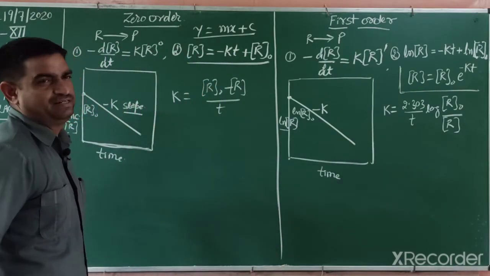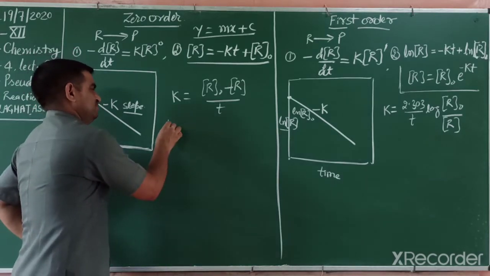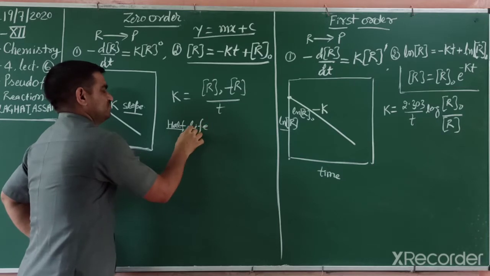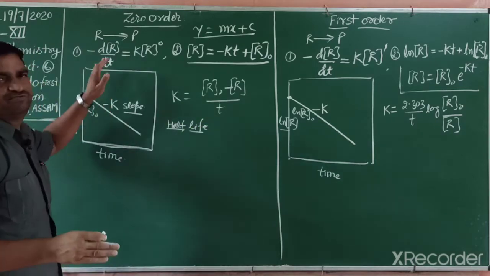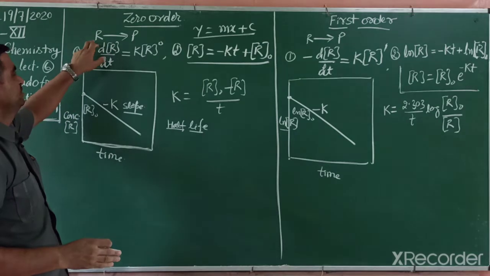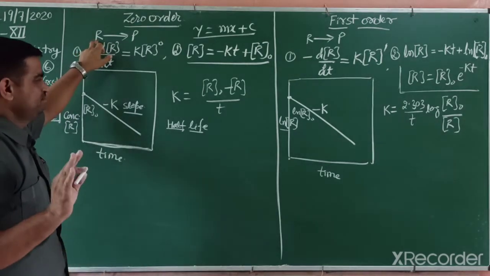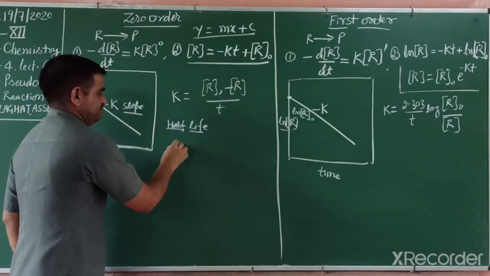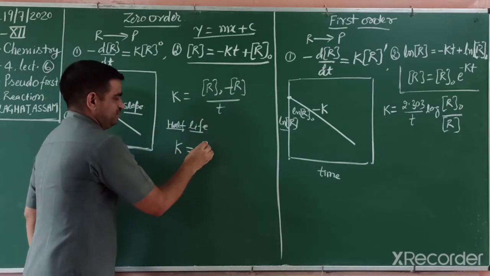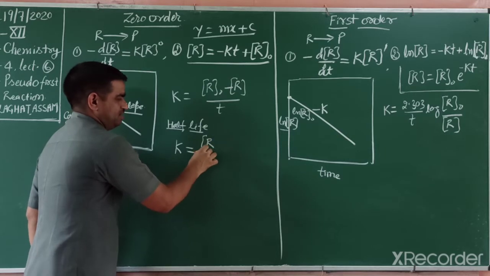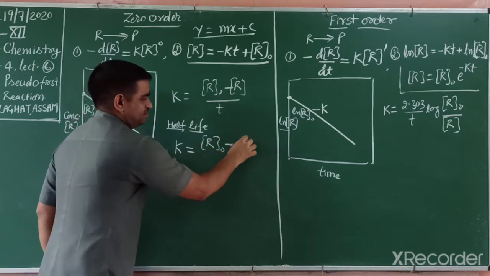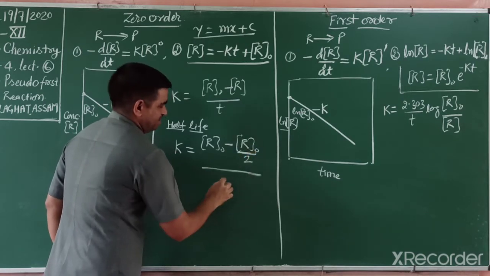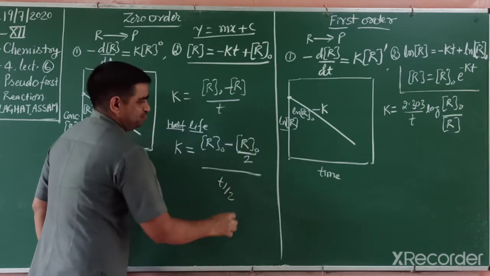Another, how can we write? Half-life means the time taken for the remaining concentration of reactant to become half. If T is equal to half, then R changes into R naught by 2. So for zero order, K is equal to R naught minus R naught divided by 2, divided by T half.